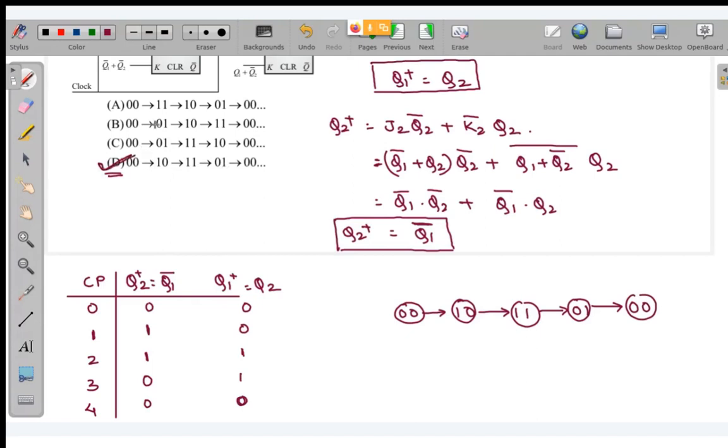How are you guys getting C? Why are you guys getting C? Both of you are getting C. So have I done some mistake anywhere? Check once.